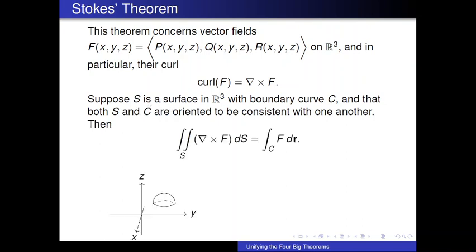But then in this case, we say that you can trade the surface integral of the curl of f along S with the line integral along C of just f. So here's a picture of a surface with just one boundary curve. Here we have this hemisphere, and its boundary curve is this circle along here, so it's kind of open. There's no cap on the bottom.